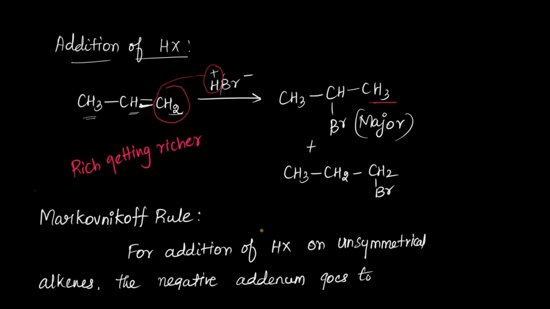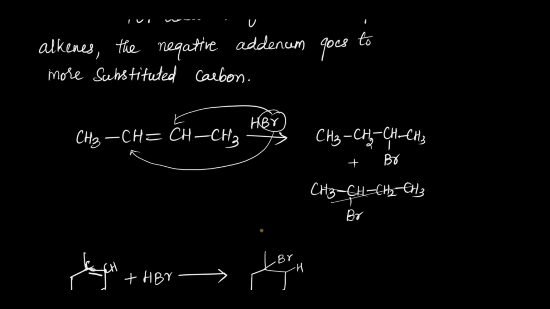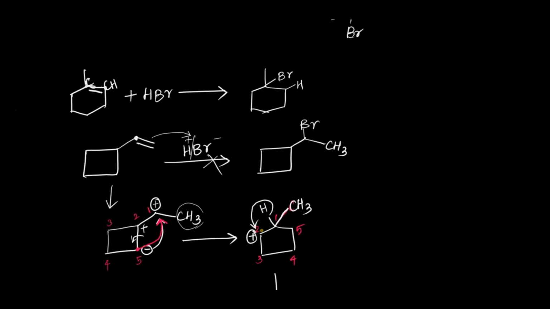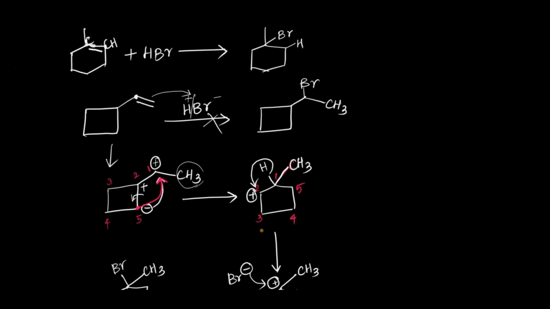So like you can see, the negative part, Br, went to the more substituted carbon and that becomes the major product now. Remember it like H will go to the H side, the more hydrogen side, that is the less substituted side. Rich getting richer. Okay, these are the examples. This can undergo rearrangement, or shifting of hydride can also be possible to form a stable compound.